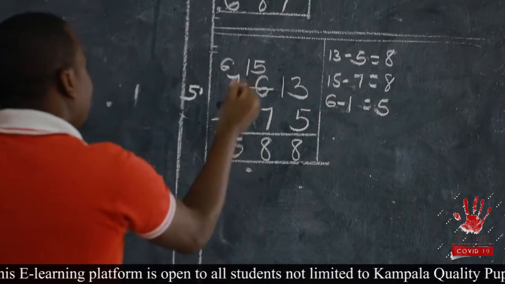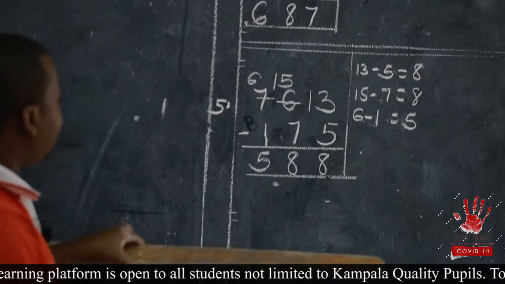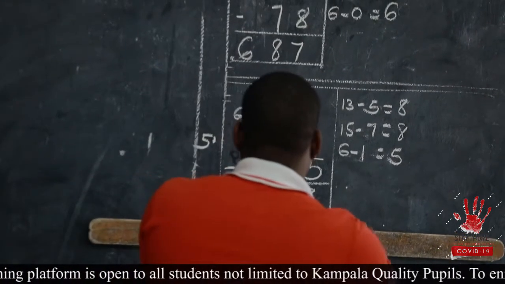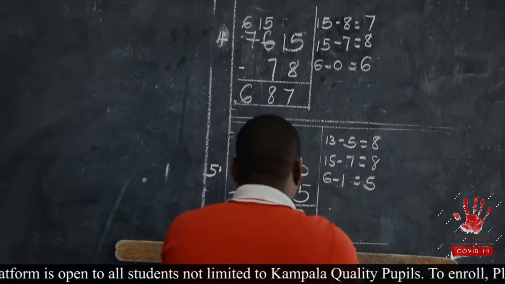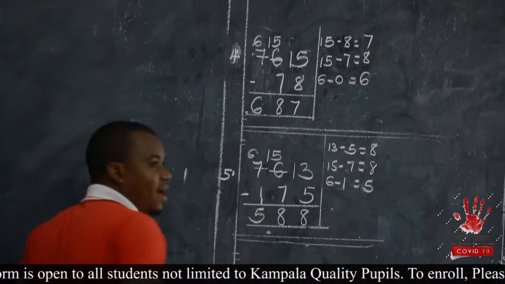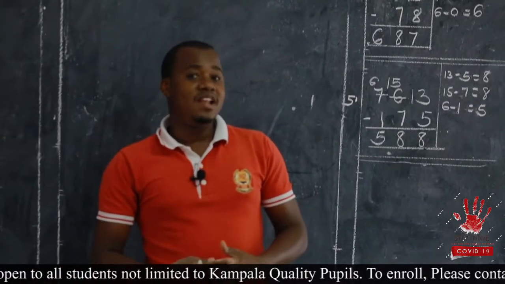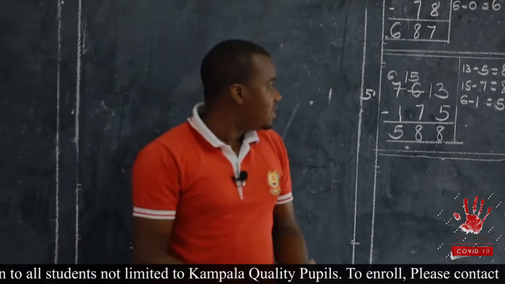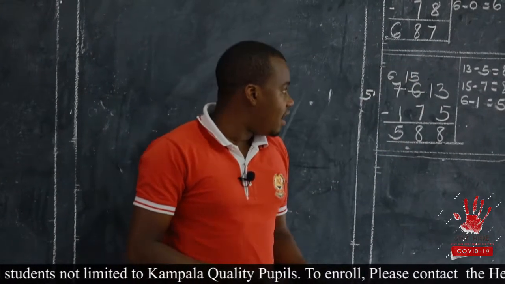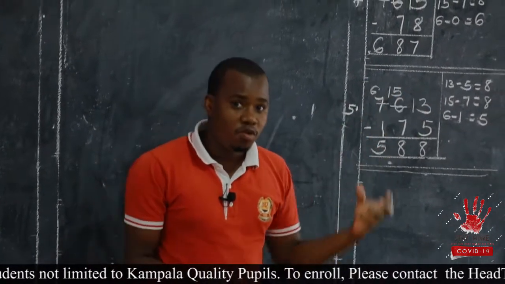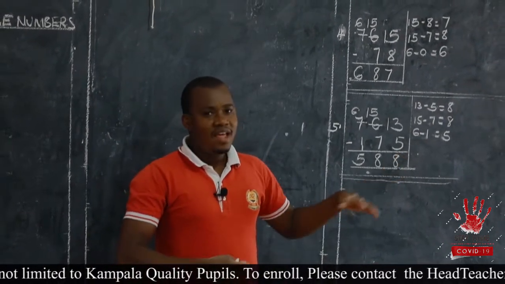Then I come and write there 5. So that is the answer. 763 take away 175 is 588. Hope you did the work well, and I think you passed all the numbers. If there is a mistake somewhere, look at these corrections I've done, then you'll be able to do corrections for other numbers. I know you are good children.